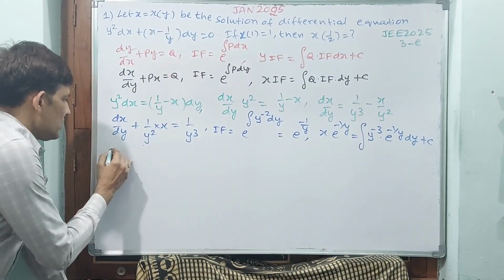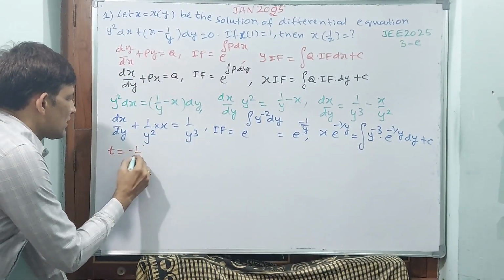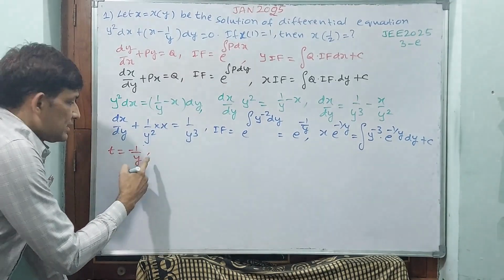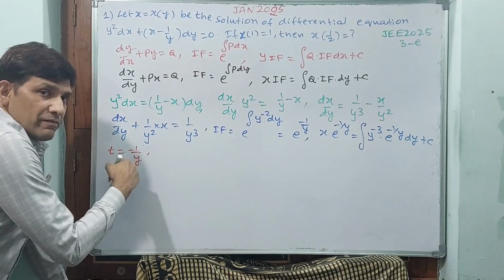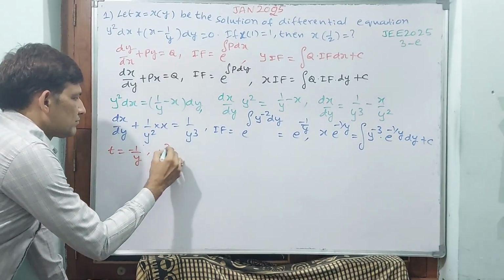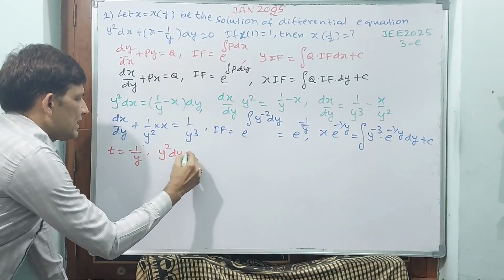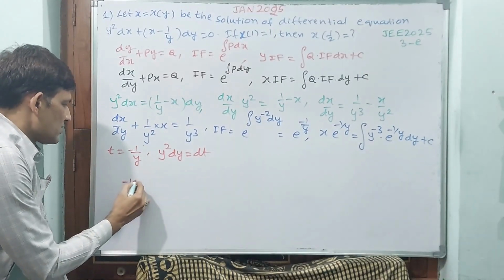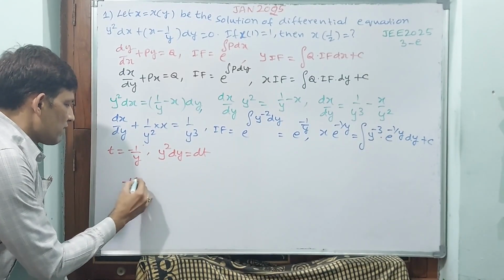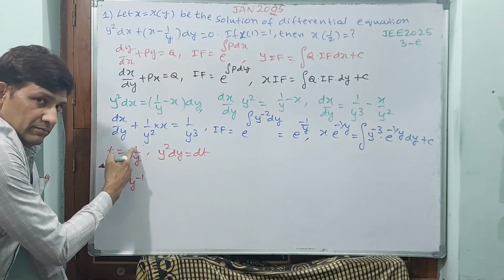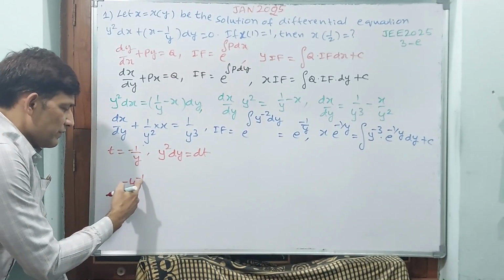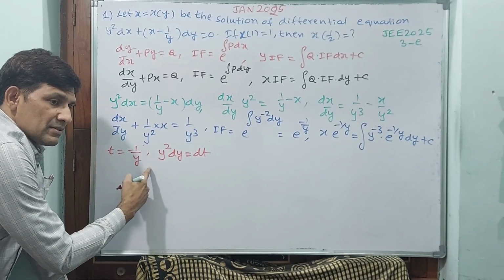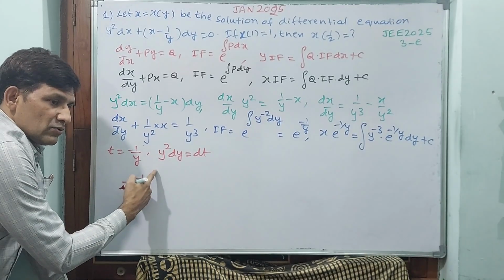Okay, see, let t is equal to minus 1 by y. Then y square dy is equal to dt. Okay, why? Because see here minus 1, minus of y power minus 1 will come. Then if you differentiate minus 1 into minus 1, y power minus 1 minus 1, minus 2.